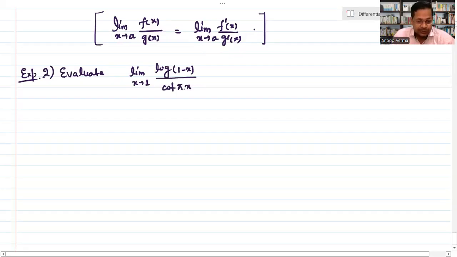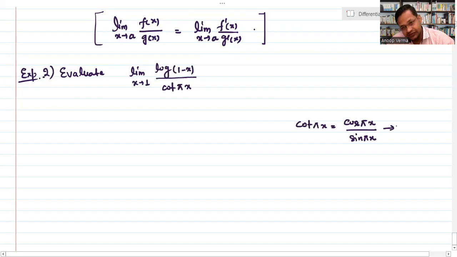Okay, so you know that cot(pi x) is just equal to cos(pi x) divided by sin(pi x). When x is tending to 1, this will be tending to infinity, because cos pi is equal to minus 1 and sin pi is just equal to 0.